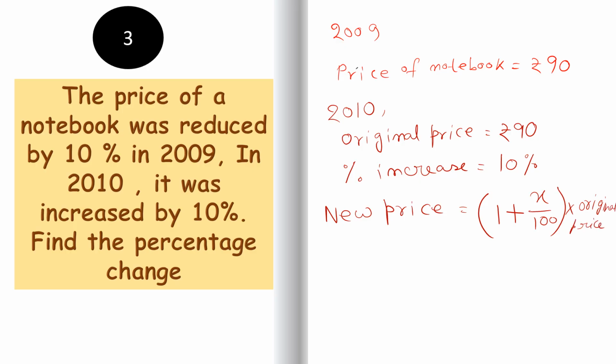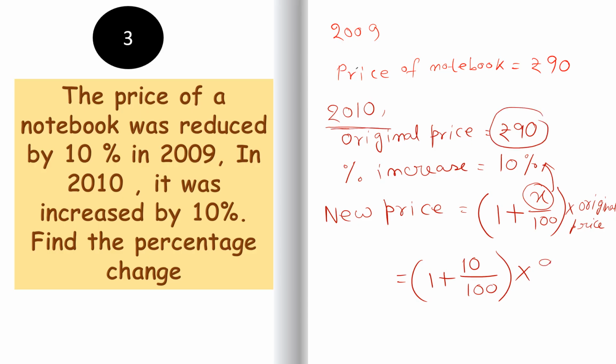Here x means the percentage change, percentage increase or percentage decrease. So we can write 10 here, we can write 100 here, into the original price. Now we are talking about 2010, so the original price we will take as rupees 90.